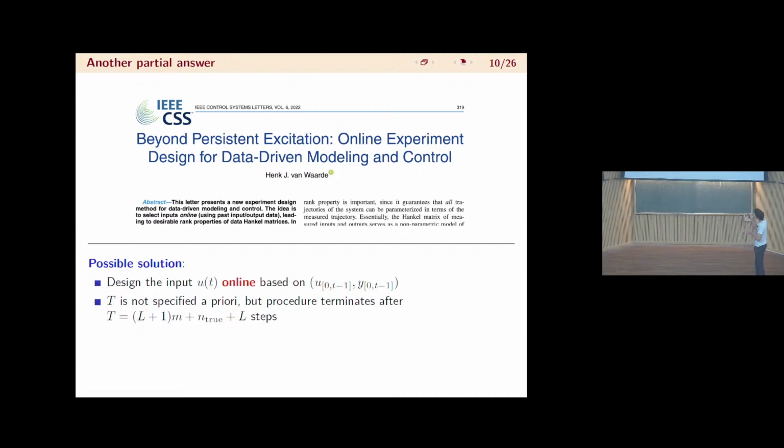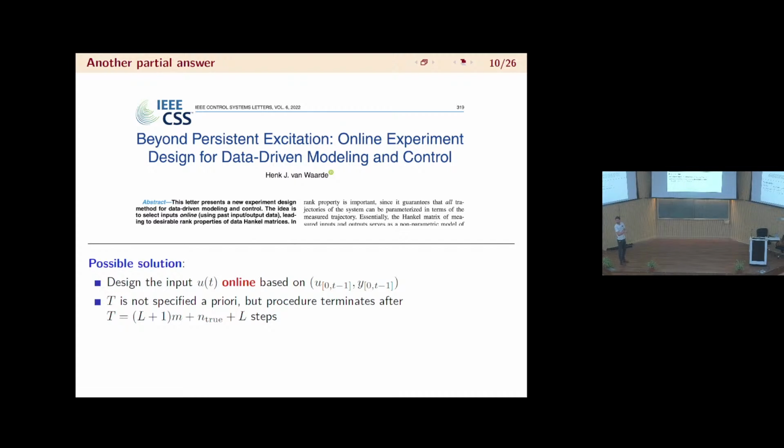But after applying this procedure, at a certain point the procedure terminates, and it's exactly after t is (L + 1)(m + n) + L steps. Within the paper, I will not show you the details, but the idea is, again, you design these inputs online. At a certain point, the procedure stops, and it stops after exactly this number of steps.